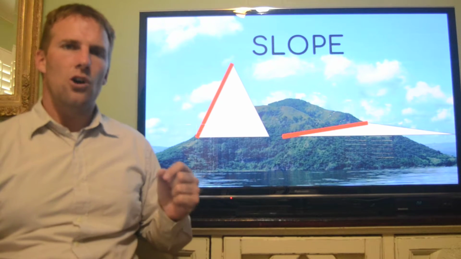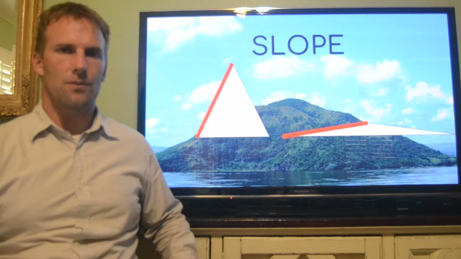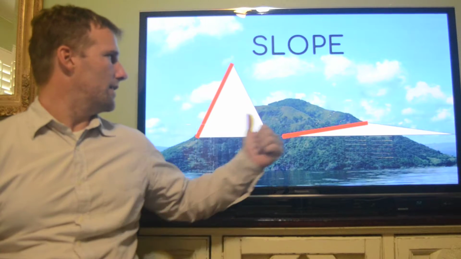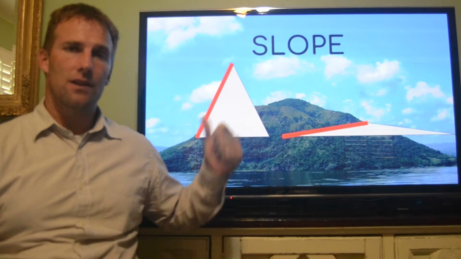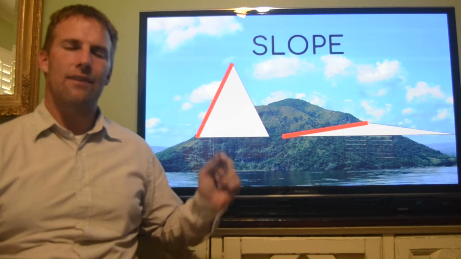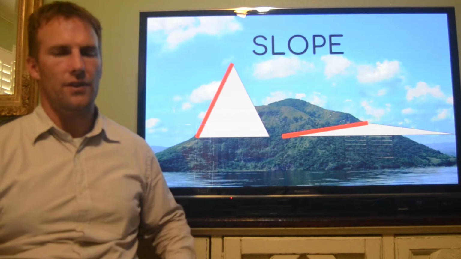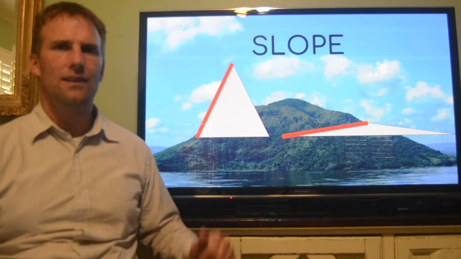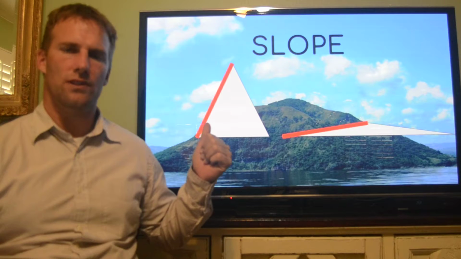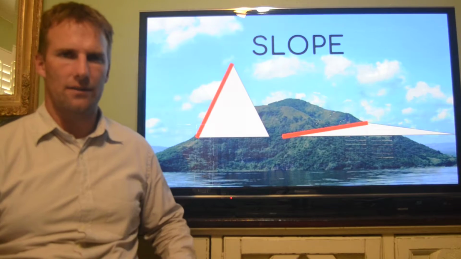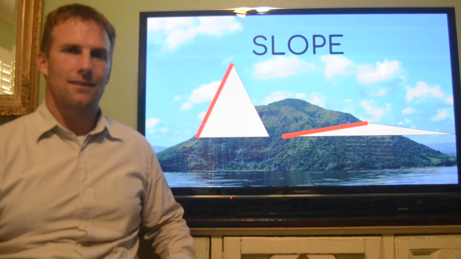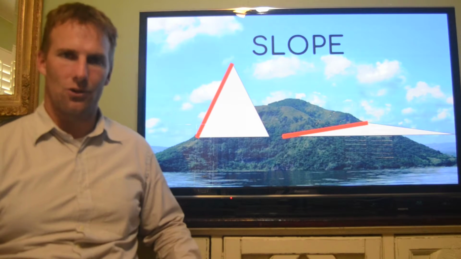To use the word slope, it is pretty similar to the word steep. And so I asked you, is this more or less steep? But I could also ask you, does it have a higher or lower slope than the original? How would you answer that? Does it have a higher or lower slope than the original mountain in the background? Right, it has a higher slope.